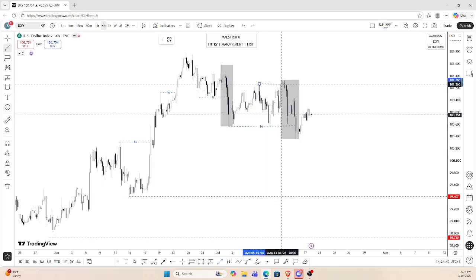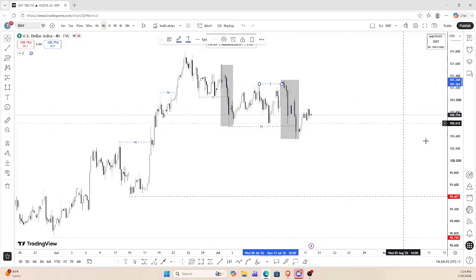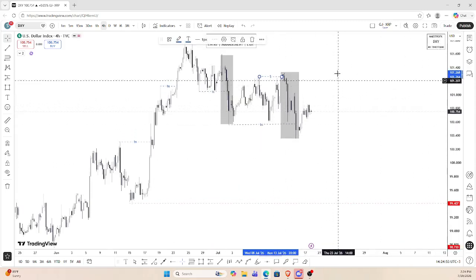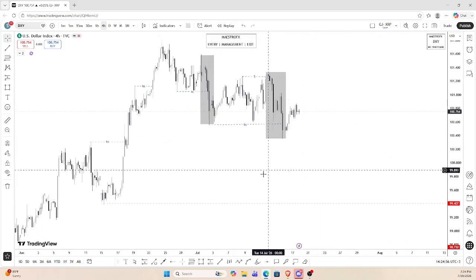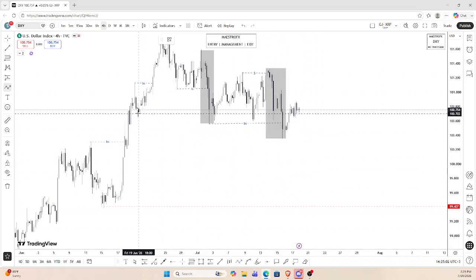You can see that this is the last sweep of liquidity to the upside before plunging, breaking structure and continuing the structure to the downside. Let me help you see this clearly.